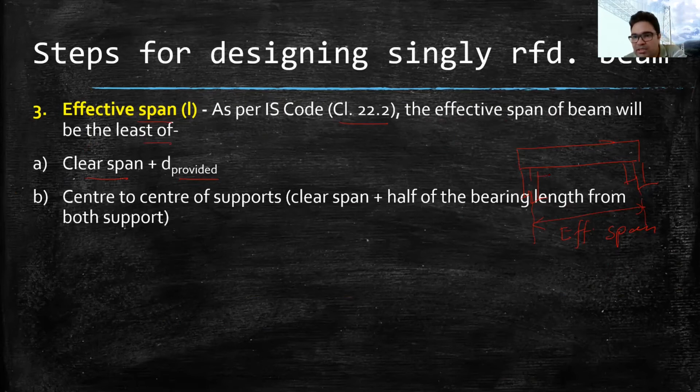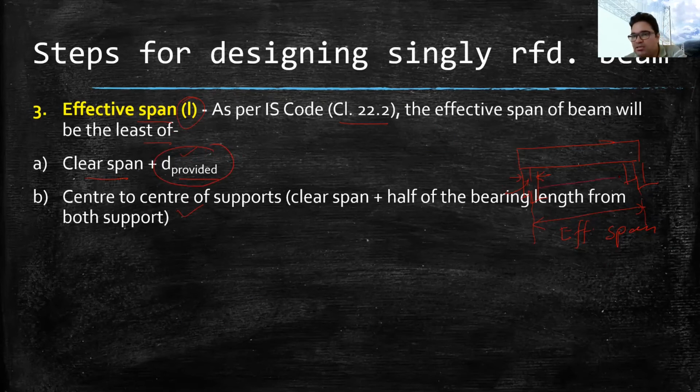So there you can see the width of support. The length of bearing on which the beam is resting is called the bearing. Center to center of the bearing is one aspect, and the second aspect is clear span plus d provided. We try to find two values of this L, and whichever gives us the least value will be our effective span. For example, d provided we have just calculated in the previous step.